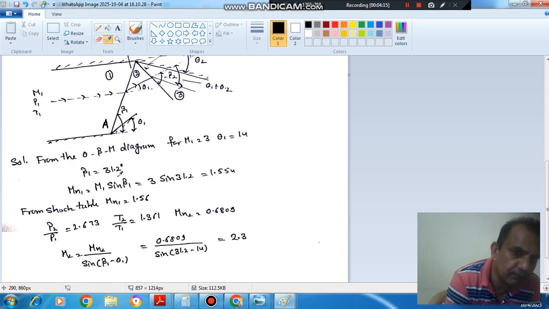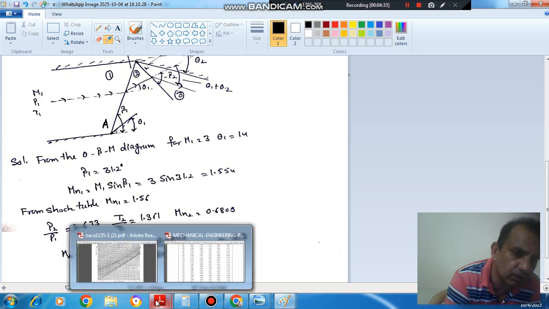So beta 1 is 31.2, and we can find the normal Mach number using the oblique shock formula: Mn1 is equal to M1 times sine beta 1. That will be 1.554, or we can say 1.56.